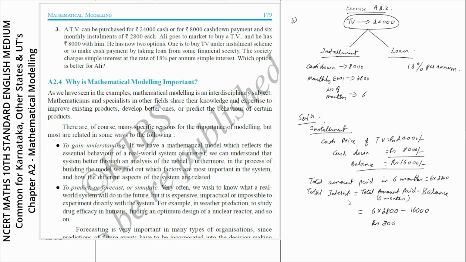Now the total interest will be equal to the total amount paid minus the balance. Here the balance is 16,000. So 6 into 2,800 minus 16,000 gives 800 rupees. So 800 is the interest which Ali will be paying.